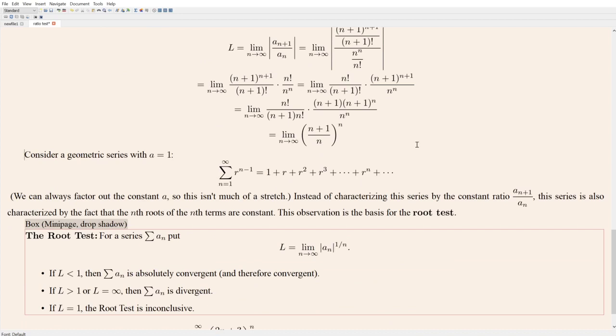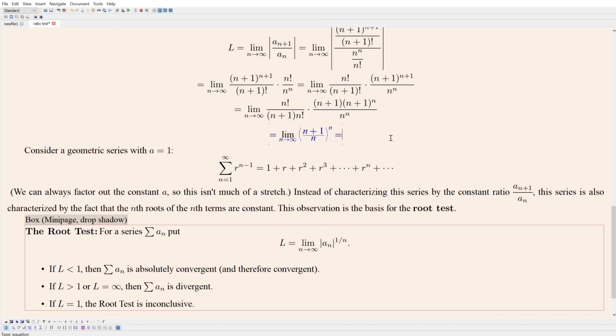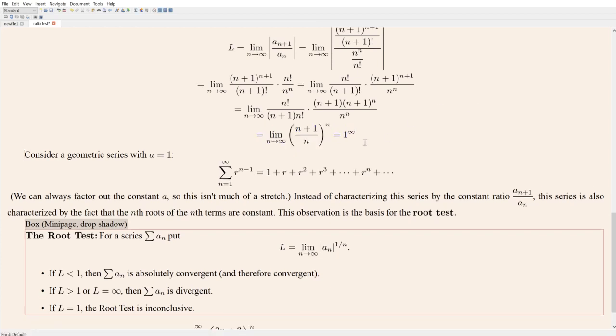So you may recall seeing an example like this in the section on L'Hopital's rule. This is an indeterminate form. So when n goes to infinity, this dude on the inside goes to 1, same as before. This dude up here goes to infinity. And 1 to the power infinity is an indeterminate form.